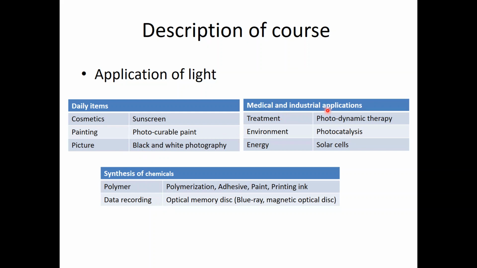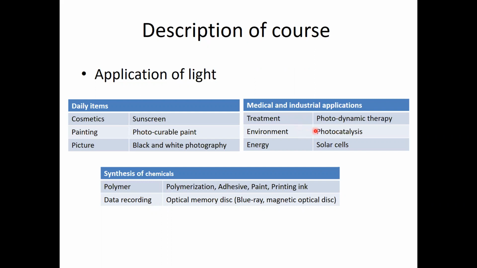In medical and industrial applications, one application is called photodynamic therapy, where some reactive chemicals are collected at the site of the cancer cells, and then light is illuminated to induce a photochemical reaction to kill the cancer cells.